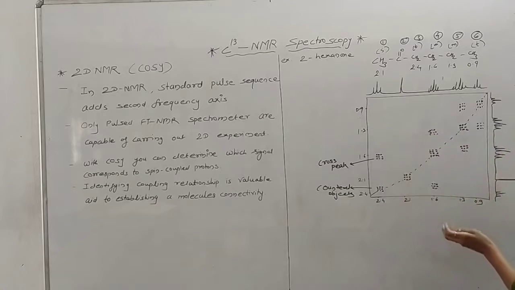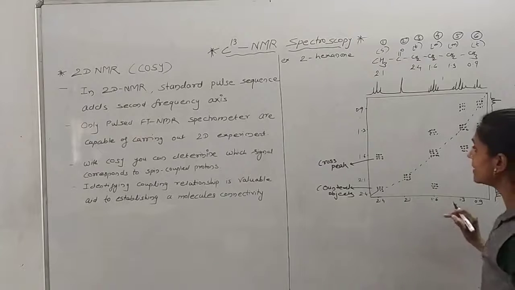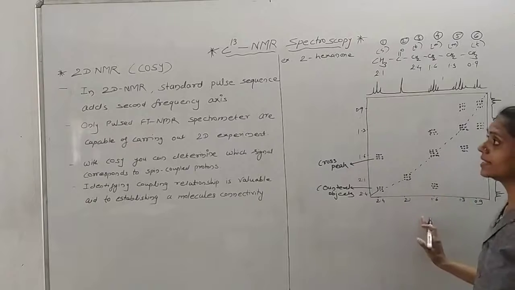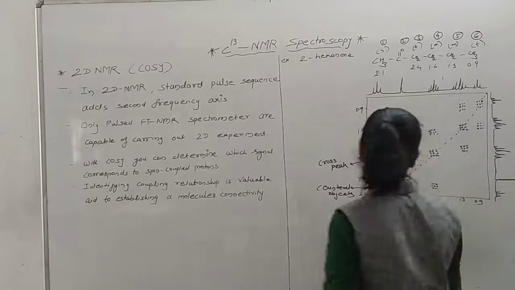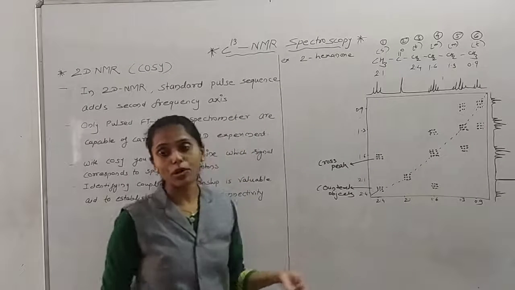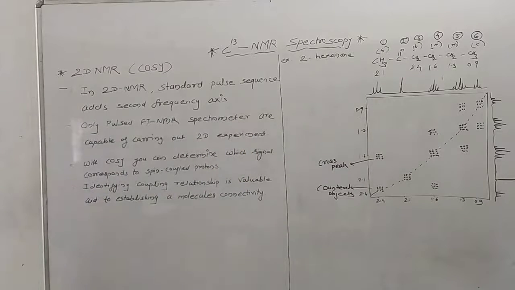Due to these two axes, x and y, the two-dimensional structure, we can easily interpret the structure of our molecule here. So I have told you that 2D NMR is very important.